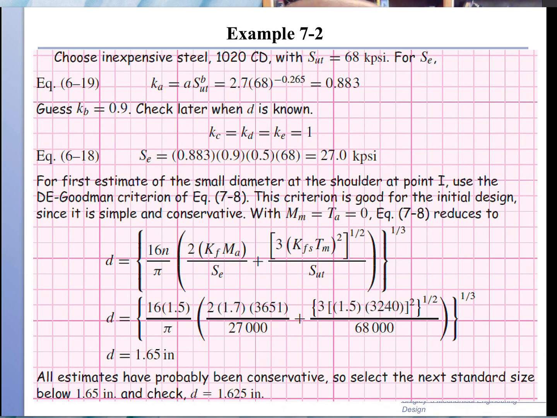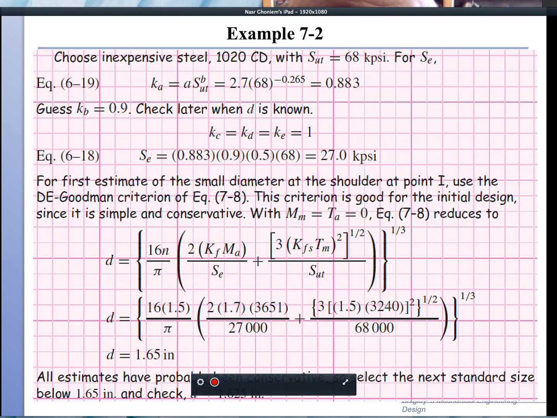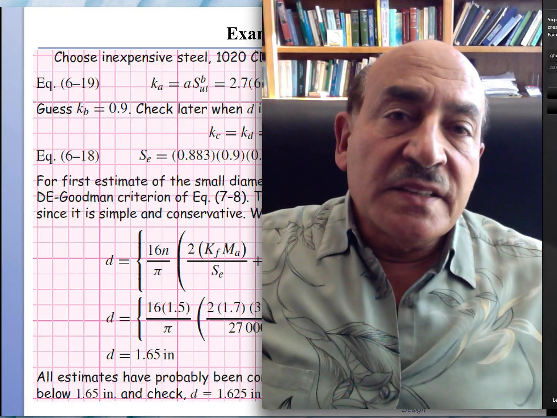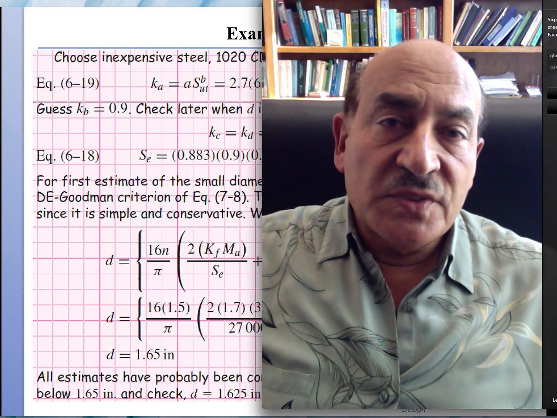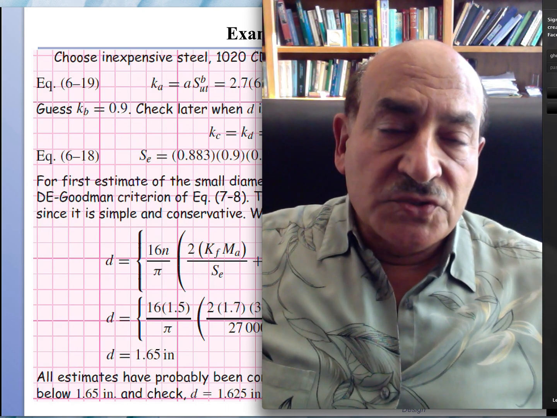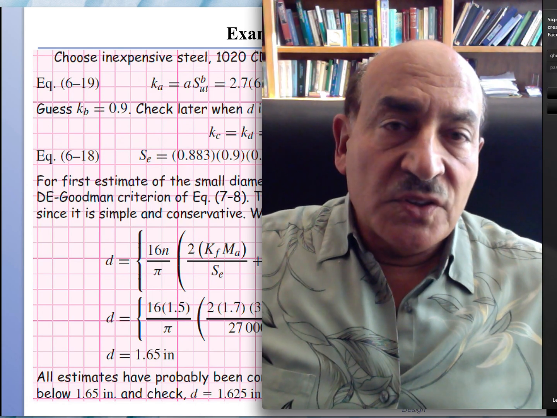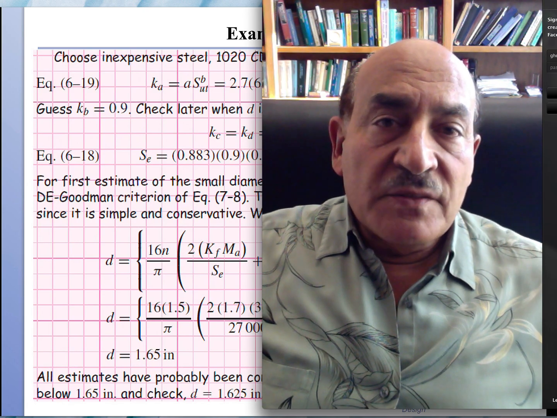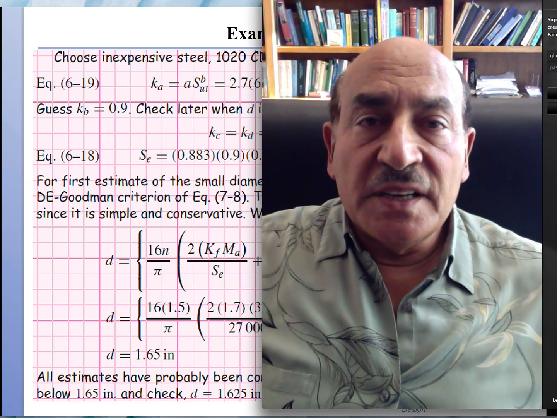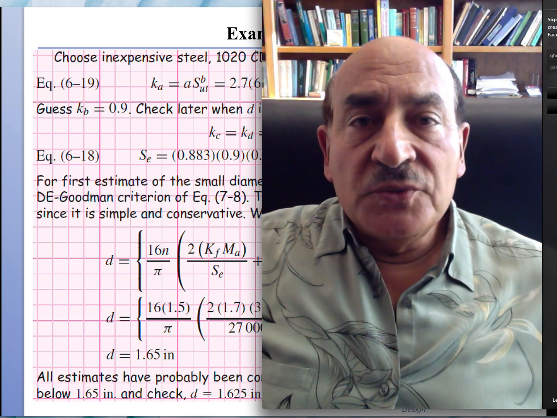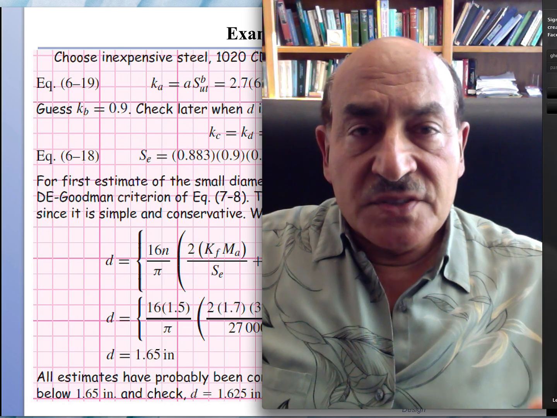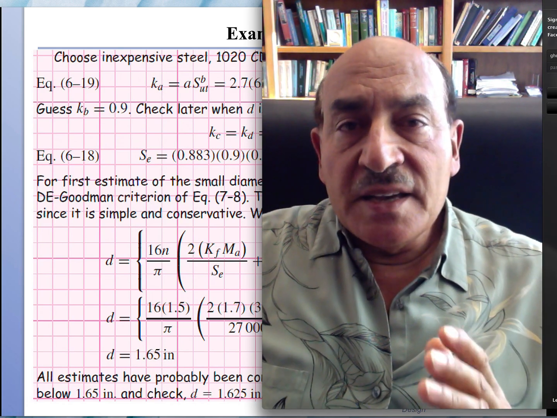So next, I need to select a steel. As a designer, I want to save money, so I'm going to select the cheapest steel possible for this application, and it's cold drawn steel, so it will have lower strength, and therefore kind of a low value of the fatigue lifetime as the endurance limit, and we need to correct the endurance limit for the Marin factors, which are surface, loading, size, and so forth.